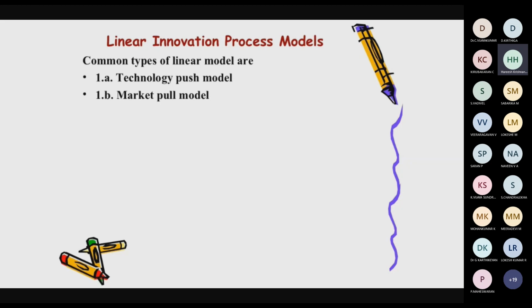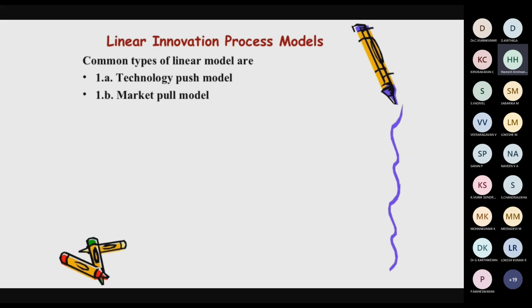So the R&D department will follow that idea and work out how to use it for some new products. So it starts from the idea, not from the user side. It starts from the technological side only.